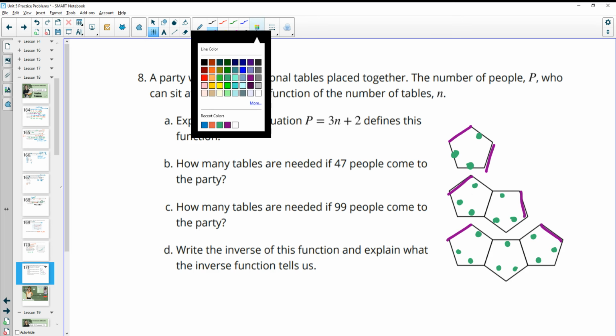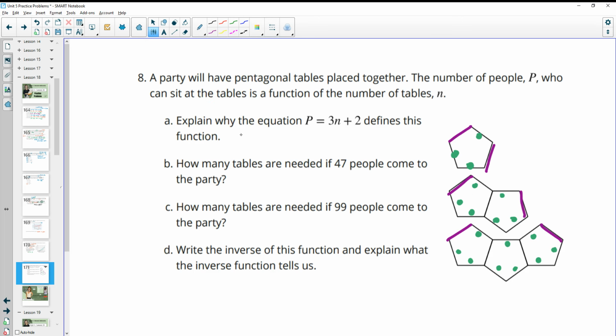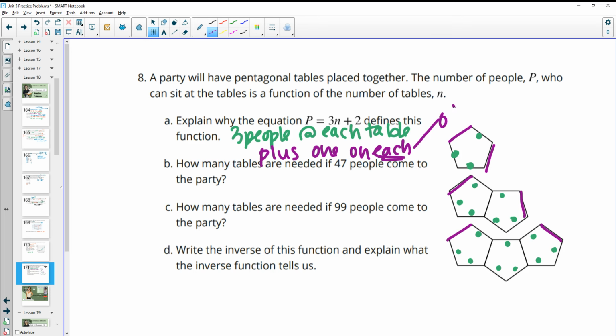So you could say 3 people can sit at each table, plus 1 on each end. Each end would mean 2, so 3 for each table, and then add 2 for the ends.